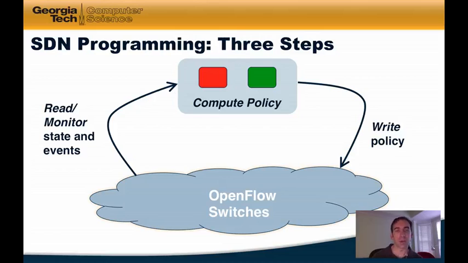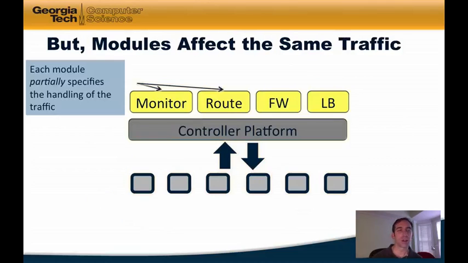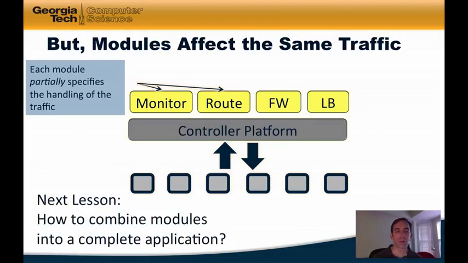The next step is to develop mechanisms that allow the programmer to write control programs that compute network policy based on that state. Computing policy is particularly challenging because each of these modules that observe network state can partially specify how traffic should be handled, but those modules might conflict.